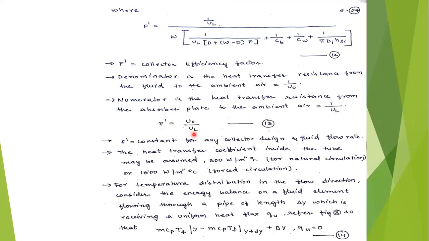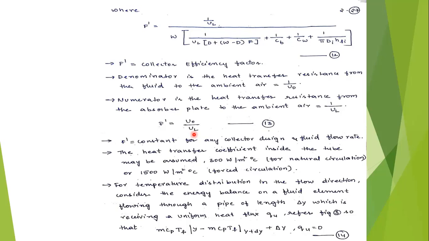As this is a ratio, it is dimensionless, and it is the collector efficiency factor. As it is a ratio, it is constant for any collector design and fluid flow rate. Whatever the rate of fluid flowing in the tubes, F dash remains constant.